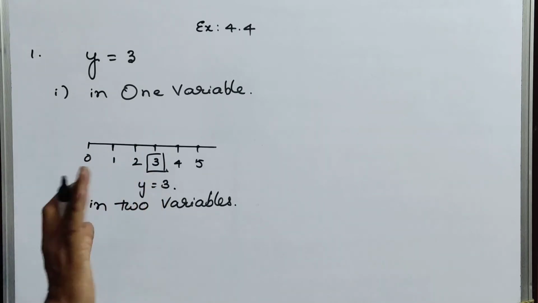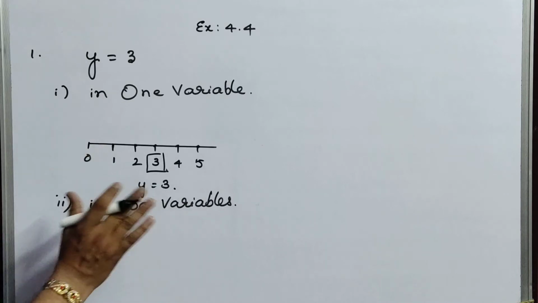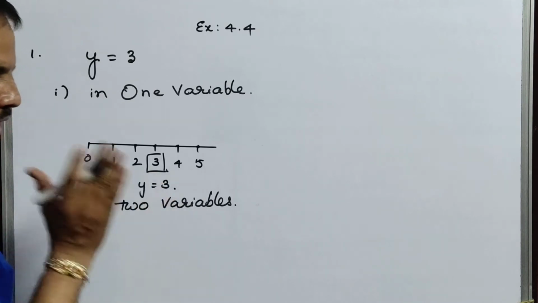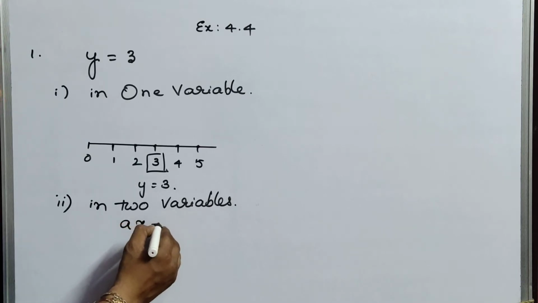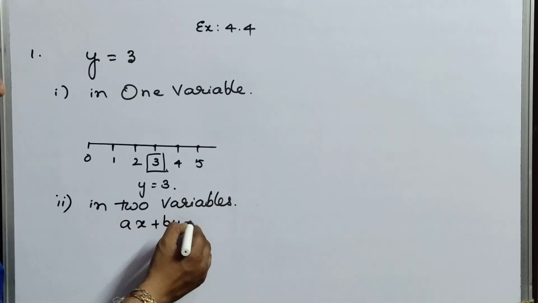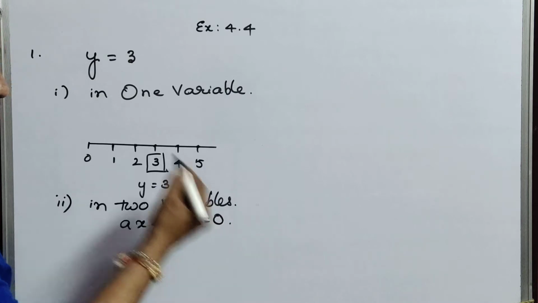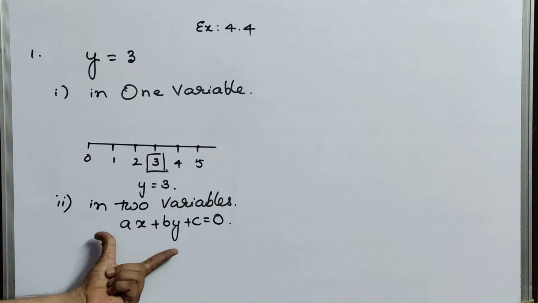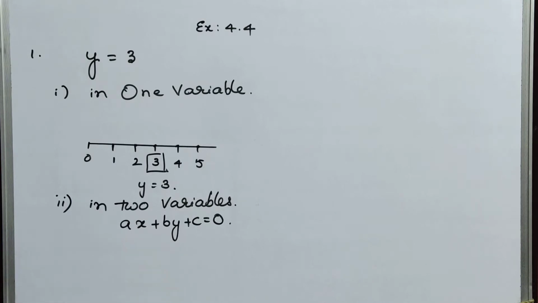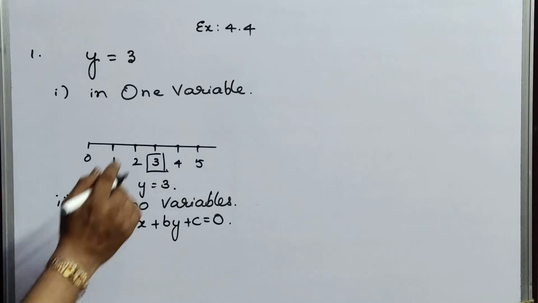A little confusing, but no need to confuse at all. Listen carefully. Two variables. Actually we have a standard form. What is the standard form? ax plus by plus c equals 0. This is the standard form, no? But here what is given? y equals 3. So, children, listen very carefully.